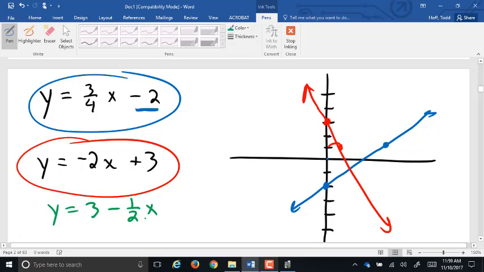Where does that one start? Yes, even though it's backwards, the -2 is still multiplying the x. That's going to be the slope. This is a +3 here. We start at +3. Now the negative 1/2 then is down 1 over 2. Very good. There's our line.